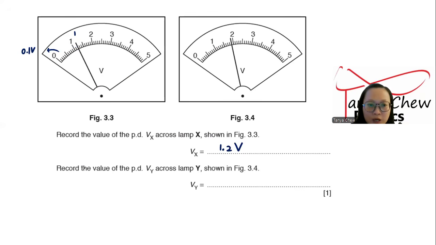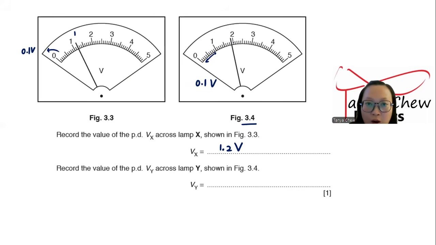And what about record the value of the PD Vy across lamp Y shown in Fig 3.4? Refer to 3.4. Look at the scale. The smallest division is still the same, which is 0.1 because 1 divided by 10 divisions here. So this is 0.1 volt. The smallest division is subjected to the sensitivity of the voltmeter.